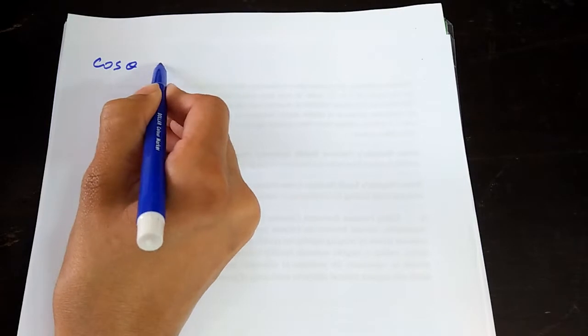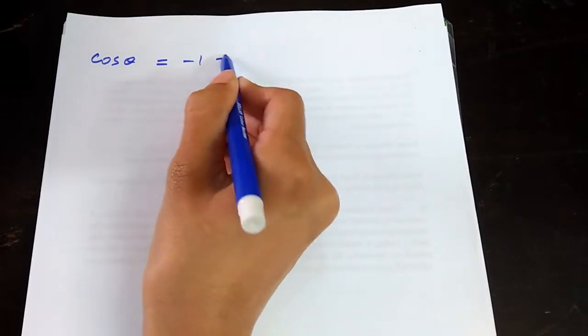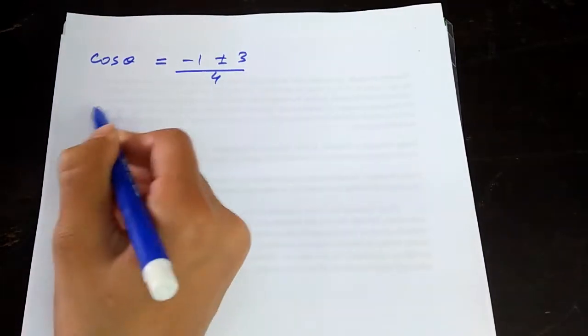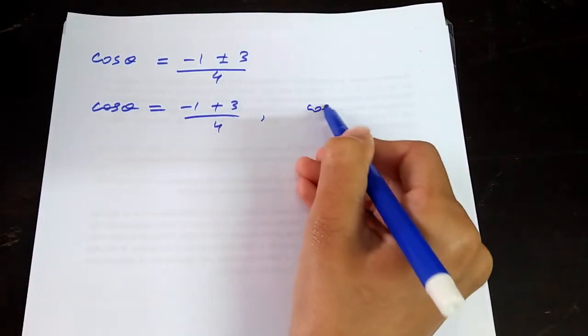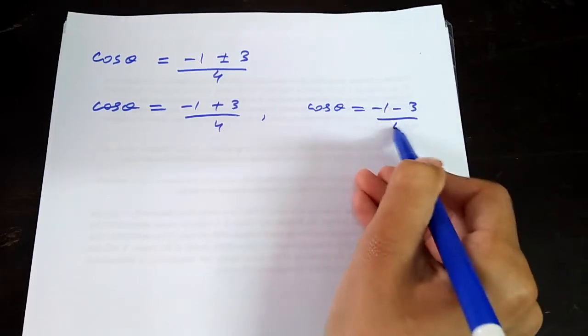After simplification, we will get cos of theta equals minus 1 plus or minus 3 over 4. Now cos of theta can be minus 1 plus 3 over 4 and cos of theta can be minus 1 minus 3 over 4.